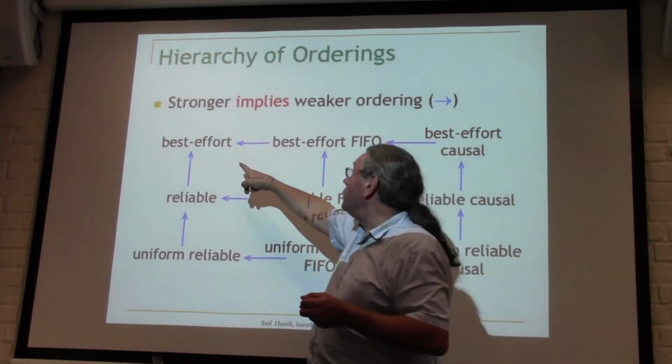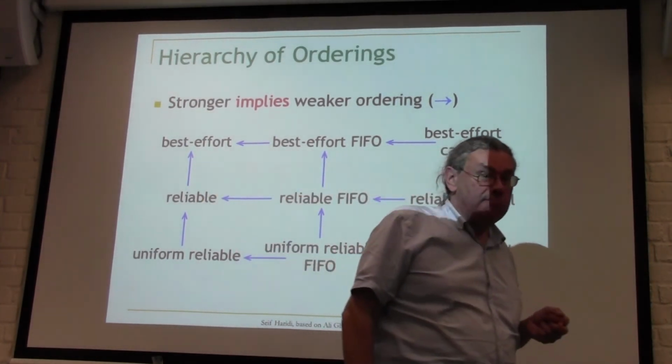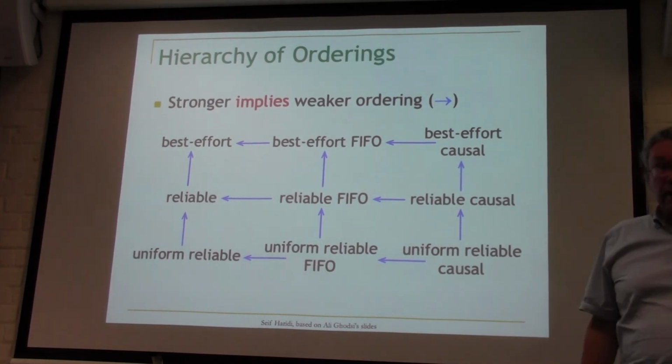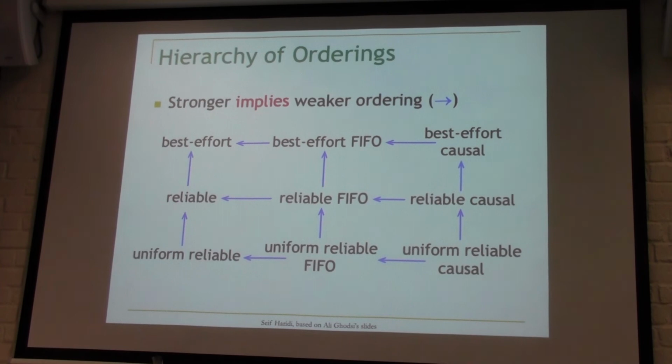Even best effort is sometimes useful because it's so simple. But maybe all 18 of them are not as useful. Total order is actually complicated because it requires consensus, which we have not seen yet. So you have to do a lot of work. Achieving total is a lot of work. So maybe you don't really need it, okay?